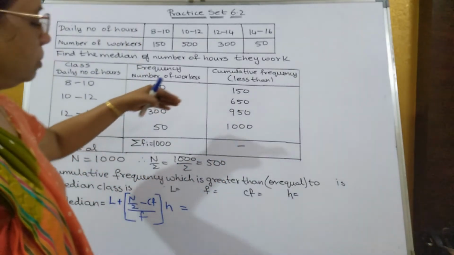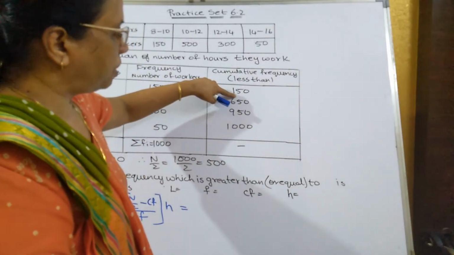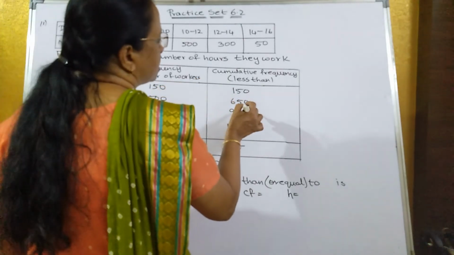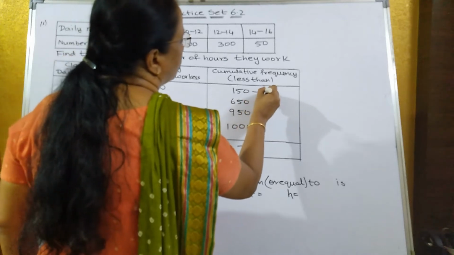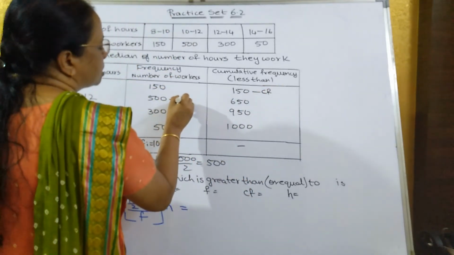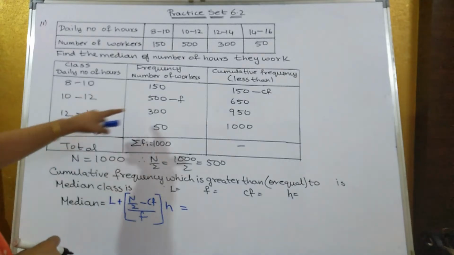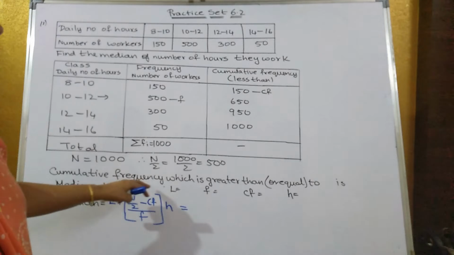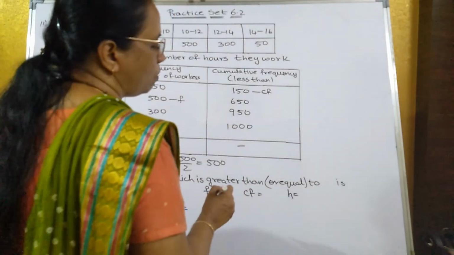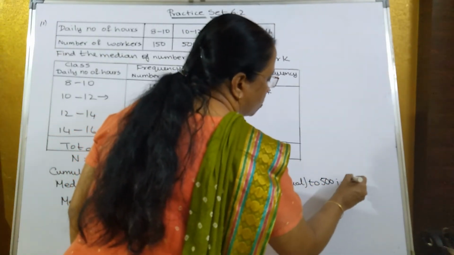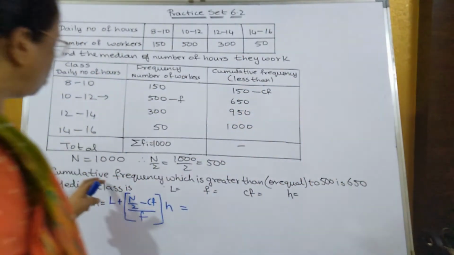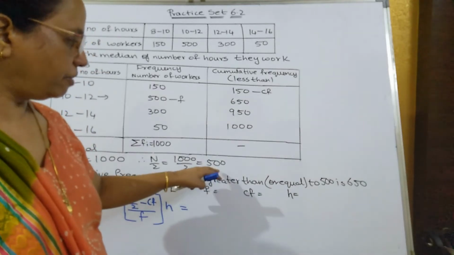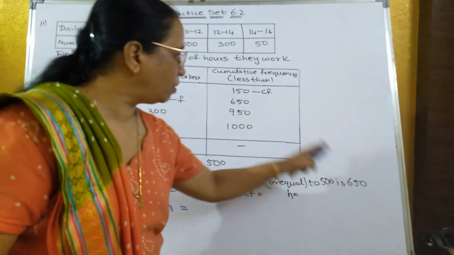Now 500 किसके अंदर आता है? 150 के अंदर आता है? नहीं, 500 नहीं आता है. 650 के अंदर आता है? हाँ आता है. So the cumulative frequency which is greater than or equal to 500 is 650.